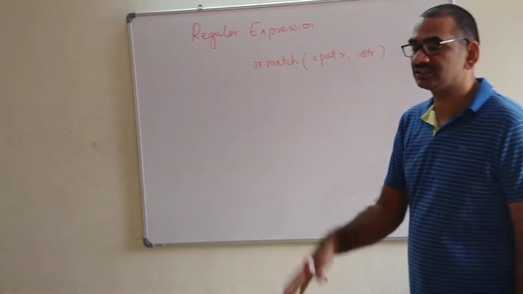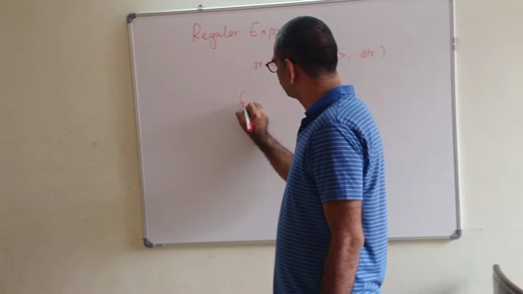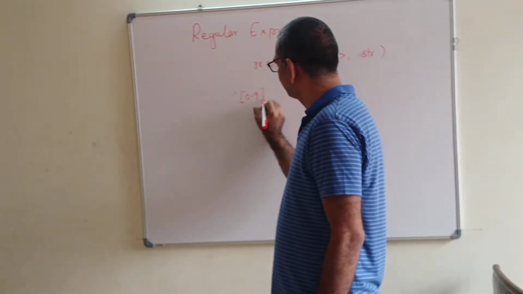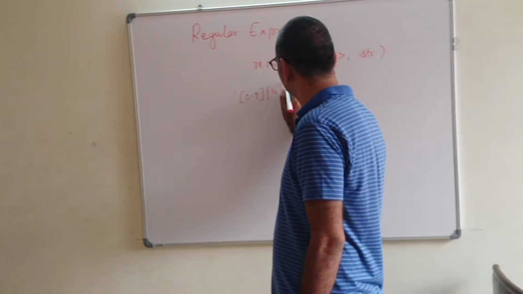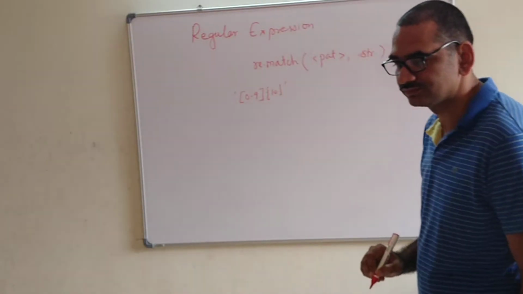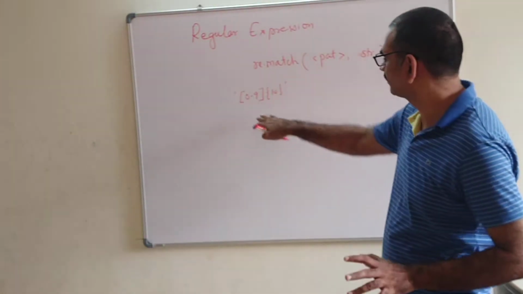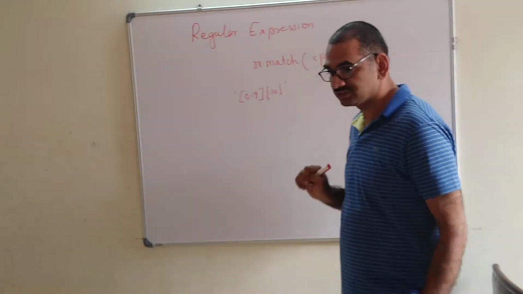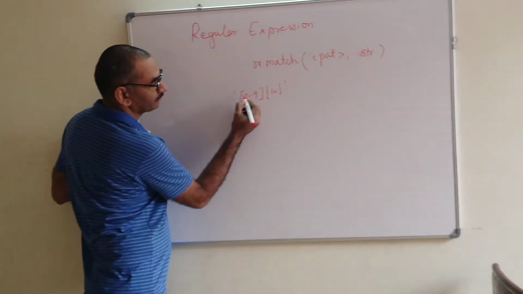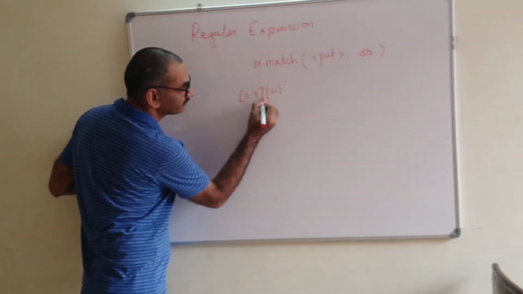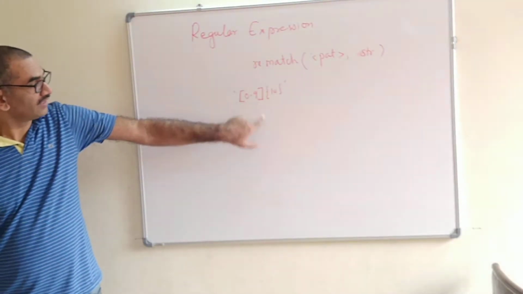Now what is the pattern if you want to search for a mobile number? You just look for 0 to 9. This is the pattern, to search if there is a 10 digit number in it. What it is telling is that you can have any character between 0 to 9, and it is repeated 10 times.